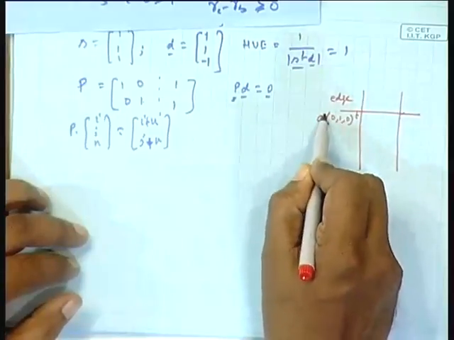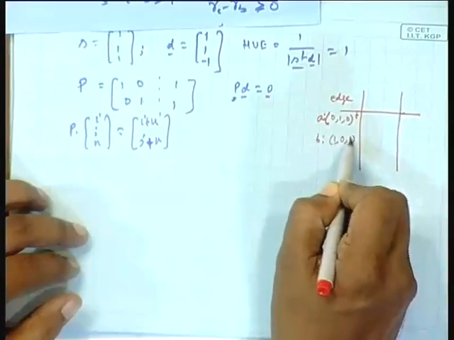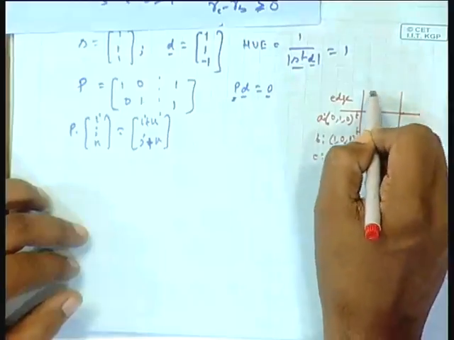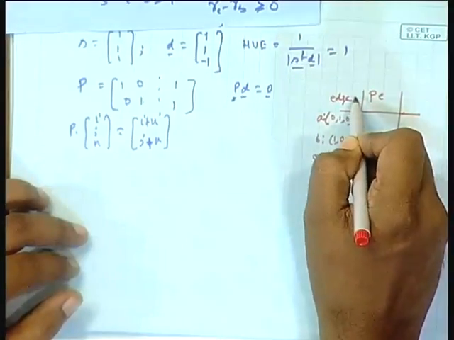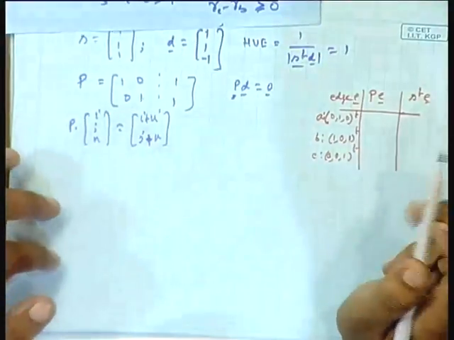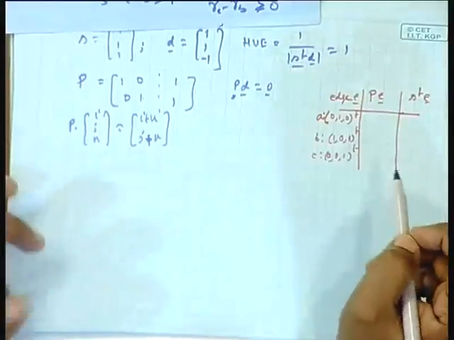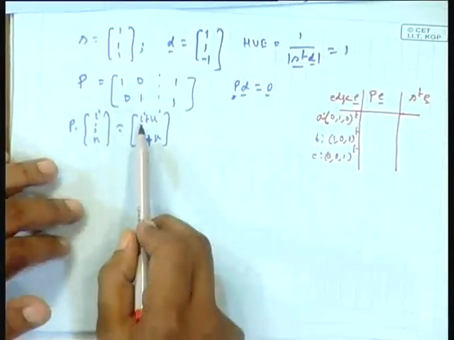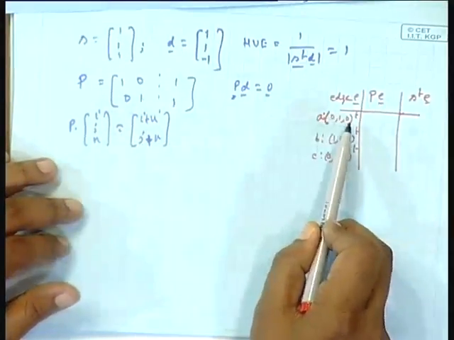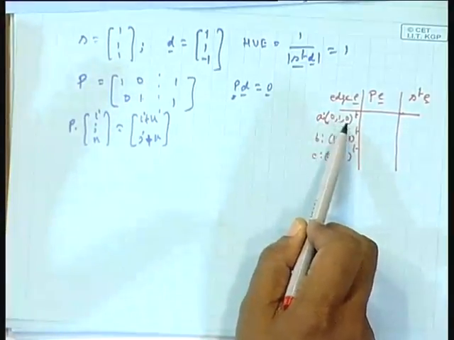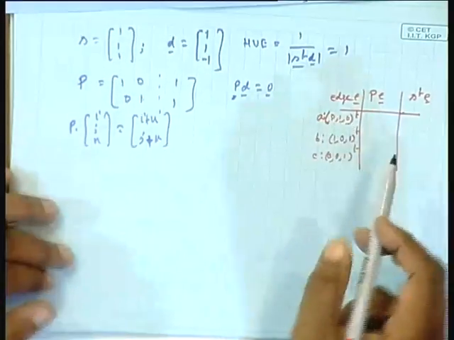B. This edge, E, PE and S transpose E, schedules. Okay, PE you can easily see. What it is doing? I plus k, j plus k. 0 plus 0, 1 plus 0. 0, 1. I plus k, j plus k. 0 plus 0, 1 plus 0.